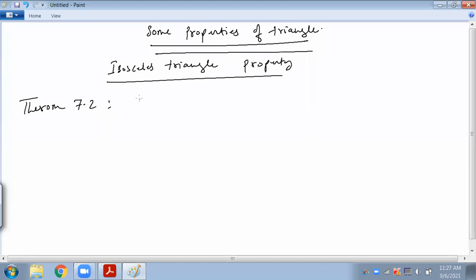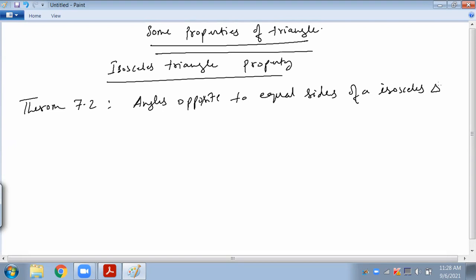Now, what is that? Angles opposite to equal sides of an isosceles triangle are equal. And this one may come in the exam, so we have to prove it.